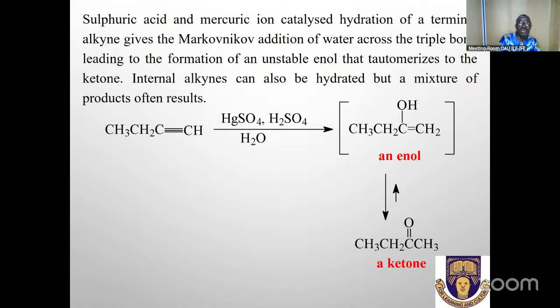So you should note this. If I were you, I would underline this in my notes. This leads to the formation of an unstable enol, just like we had the other time. This also is butyne. In the presence of this, instead of an aldehyde, we have a ketone. A ketone is obtained.